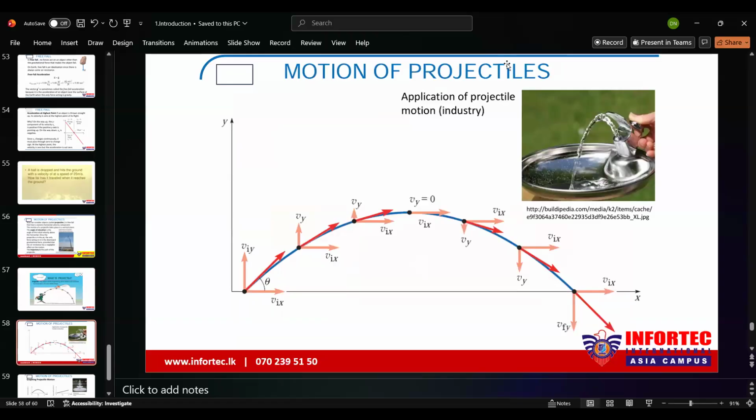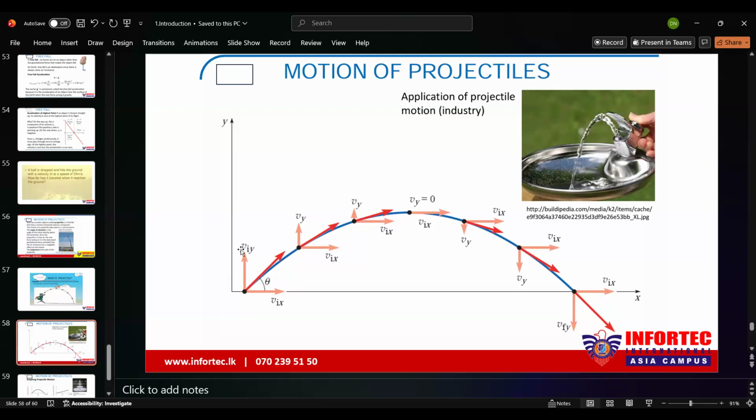Then here, the motion of projectiles, I told you about the horizontal component. You can see here we throw an object with angle theta with the horizontal. The dark red angle represents the initial motion of the object, right? Theta angle. We know how to take vector components. Here, from the theta angle, we can take two components.